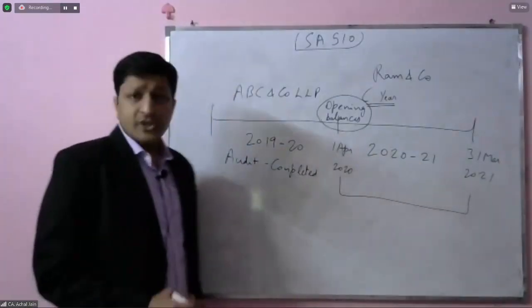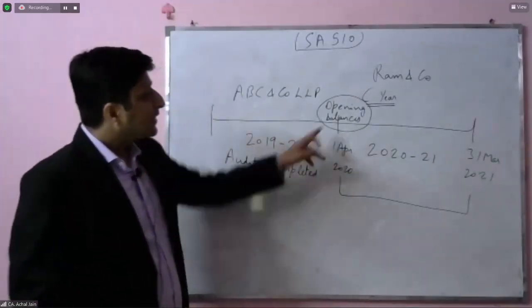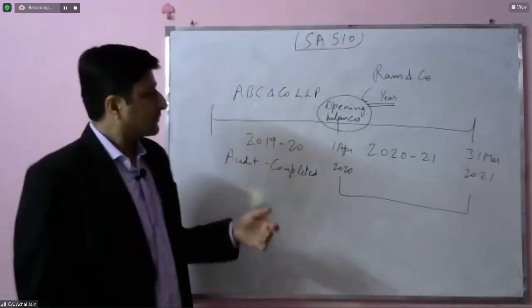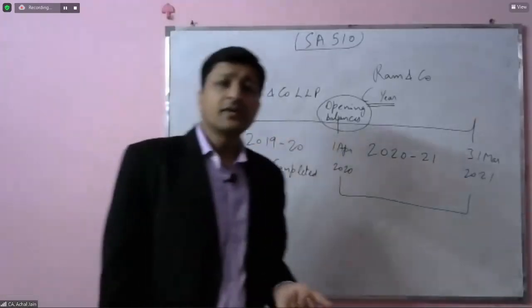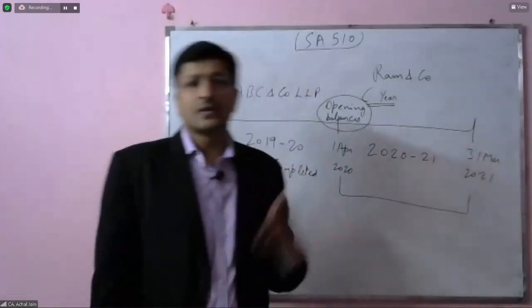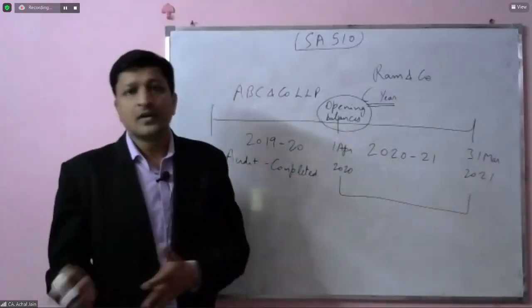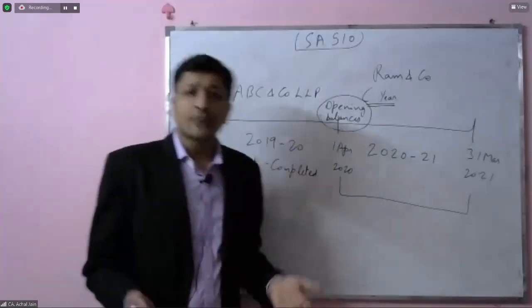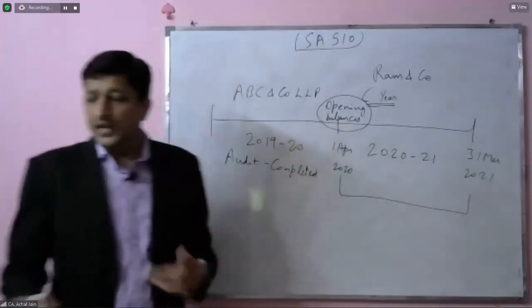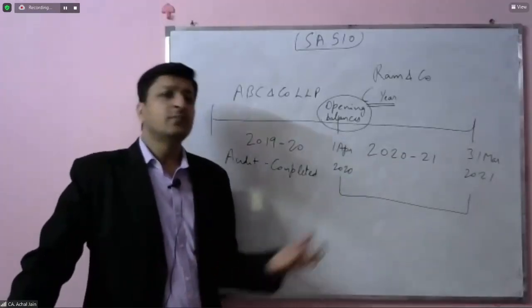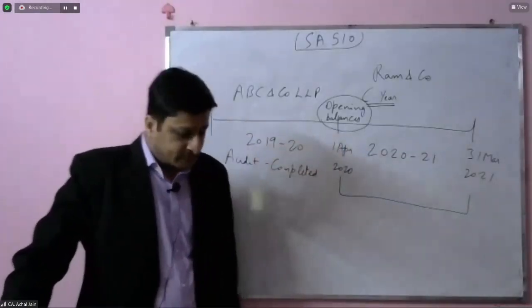Now, a question may arise that if the opening balances have already been audited, because the closing balances were audited and those are moved forward, then what's the need for audit of opening balances? Do we really need to carry out any procedure on the opening balances?